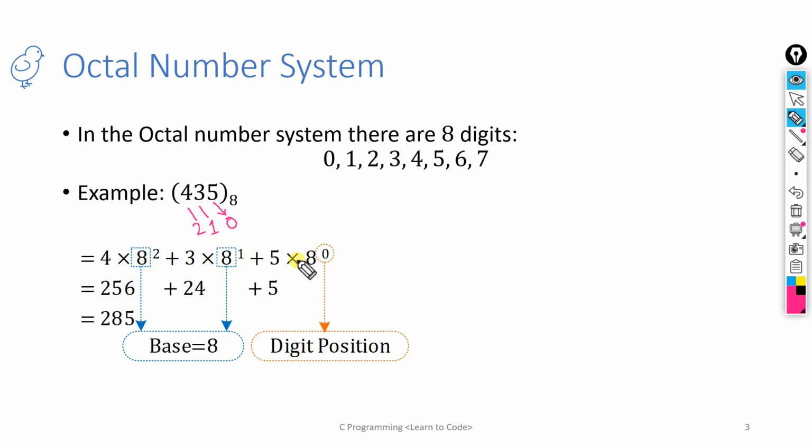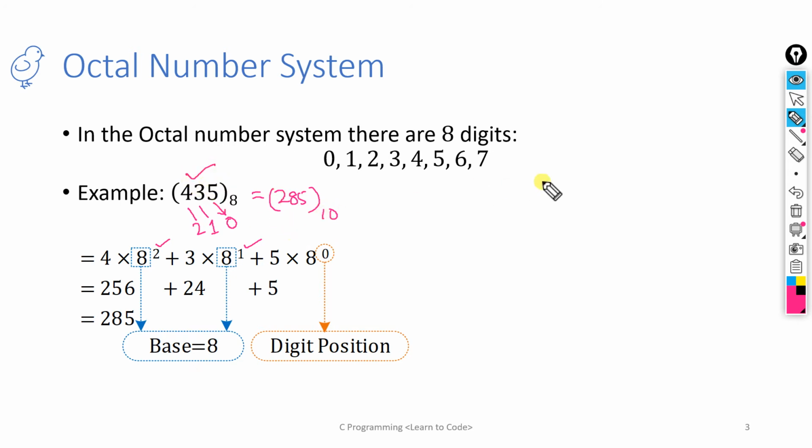Now if you multiply these things, what you will get? 4 into 8 to the power 2, 3 into 8 to the power 1, 5 into 8 to the power 0. Same thing I have written here. 0 represents the digit position, 1 represents the digit position, 2 represents the digit position. Similarly 8 represents the base of this number, because we are using octal number system. What value you will get? You get 285. Actually this 285 is the decimal equivalent of this number 435.